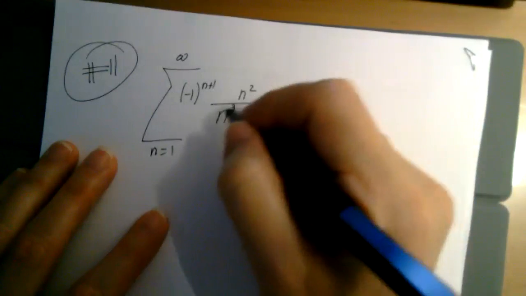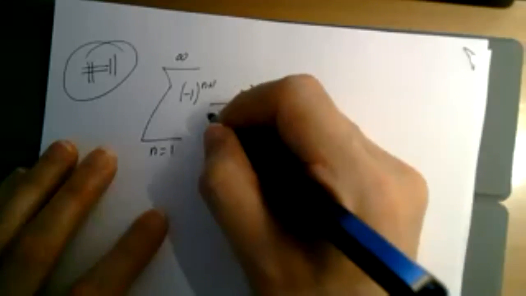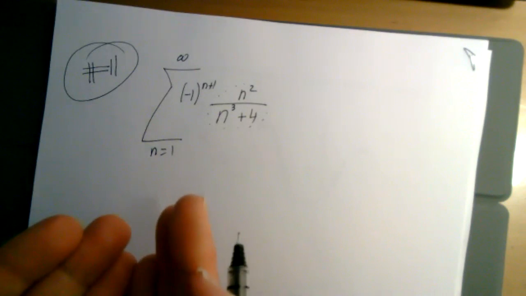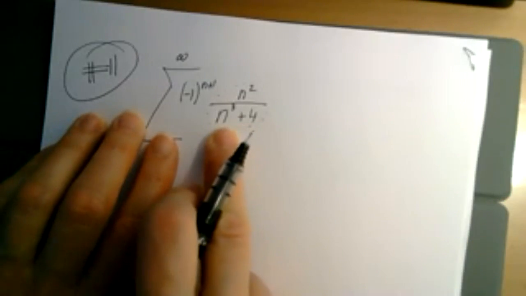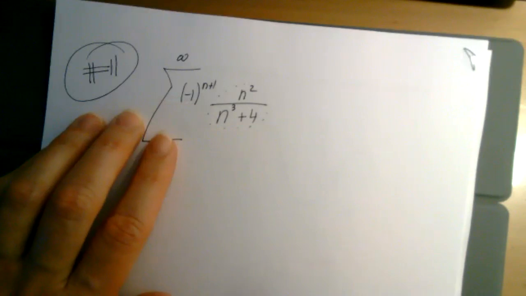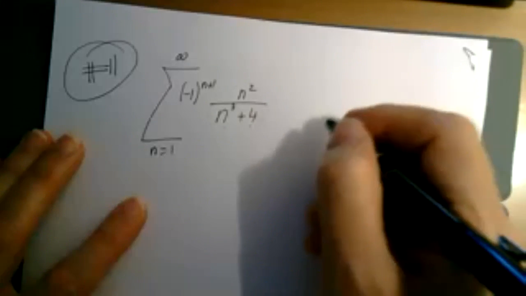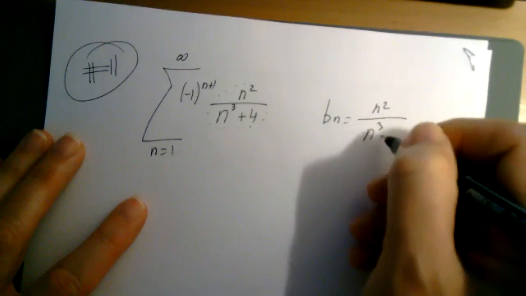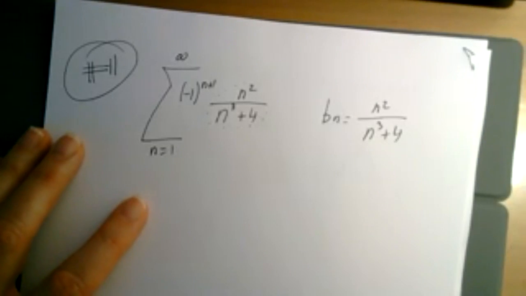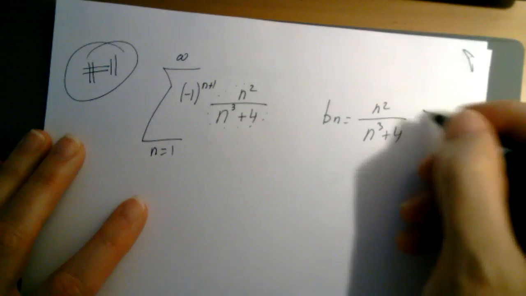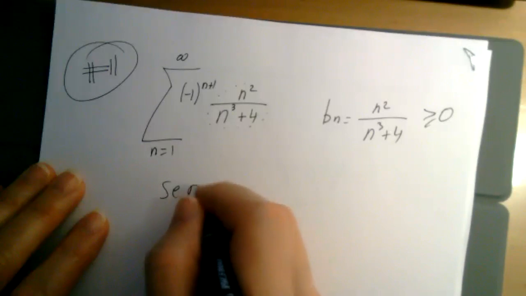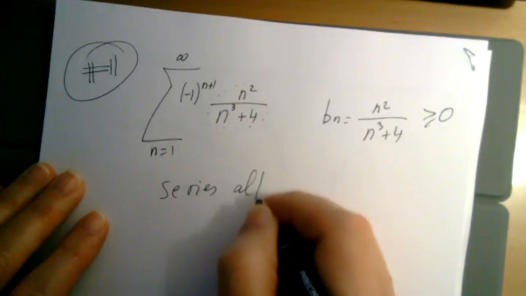To make sure of that, I want to make sure that those terms are positive, because if some of them are negative, then the series will stop alternating. So my Bn here are n^2 over (n^3 + 4), and those are absolutely positive. It means we're dealing with an alternating series.